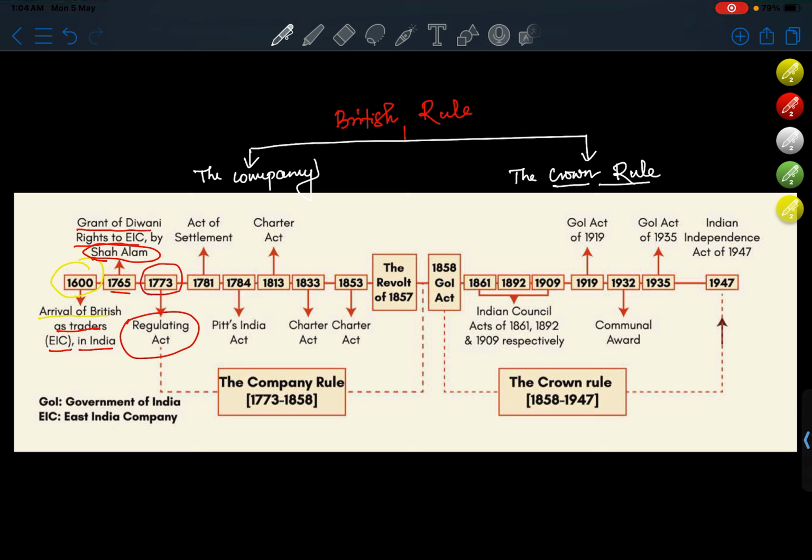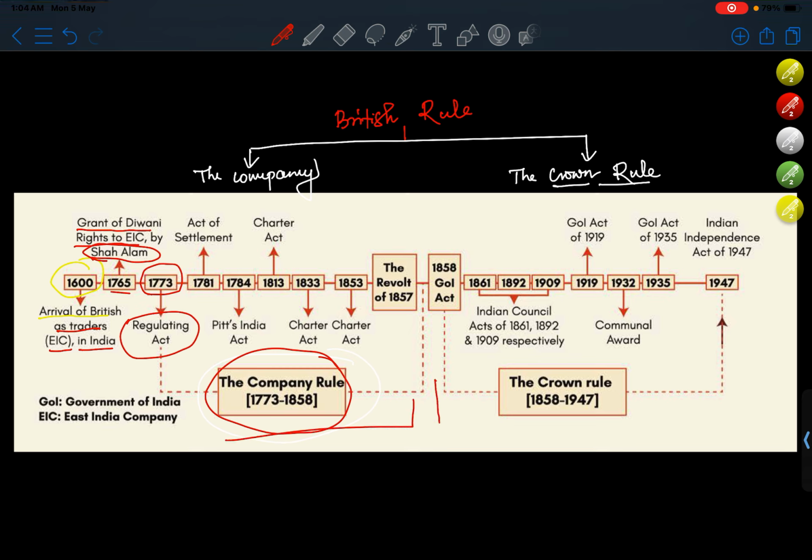The company's rule tenure mainly comprises the events before 1857. Before the revolt of 1857 is the company's rule, and after the revolt of 1857 it is known as the crown's rule.